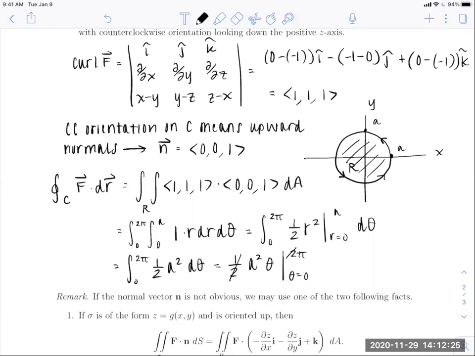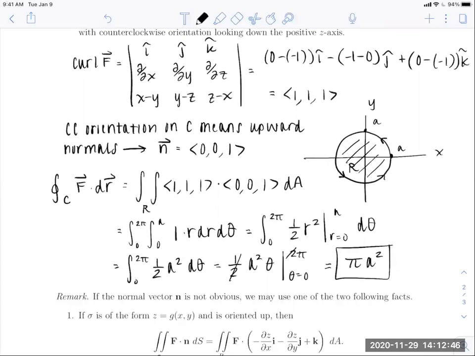The 2 can cancel with the 1/2, and we're left with pi a squared. All right, so the value of the line integral over the simple closed curve C of f dot dr is pi a squared units.